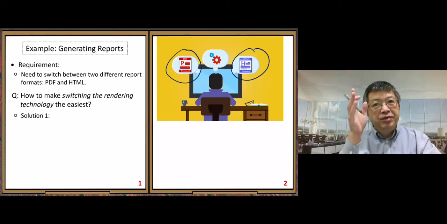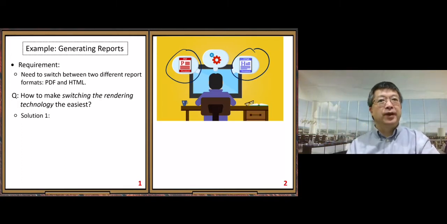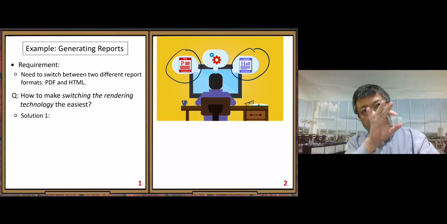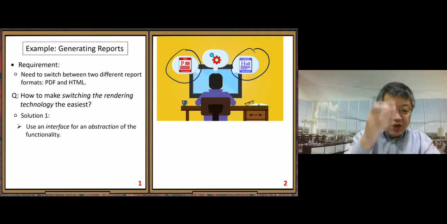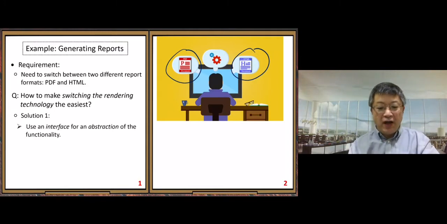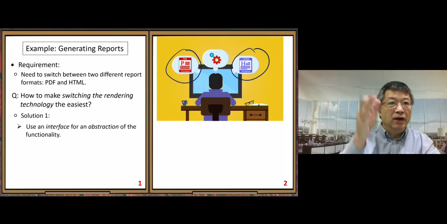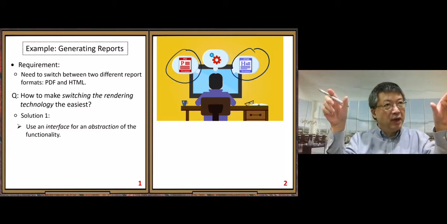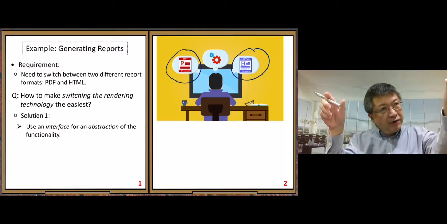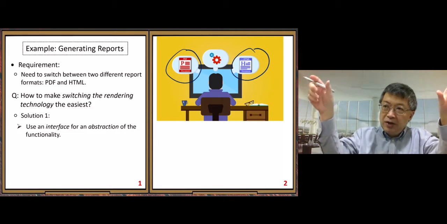All right, our solution number one. Here I give you the key points for solution one. The first one: use an interface as an abstraction of the functionality. Here we are talking about two different functionalities: PDF file generating functionality and HTML file generating functionality.